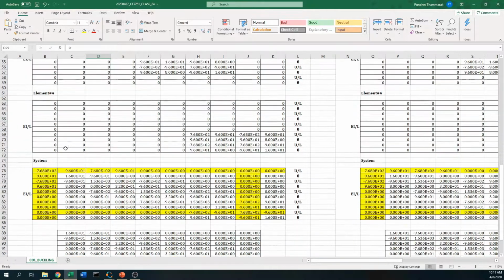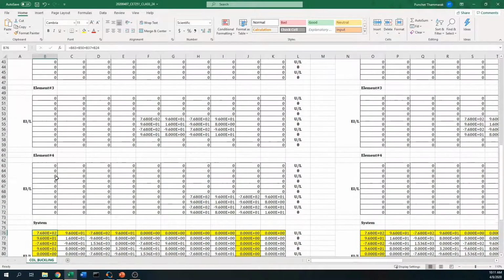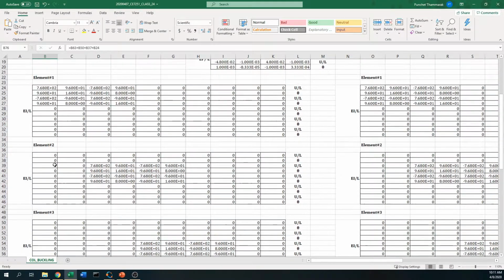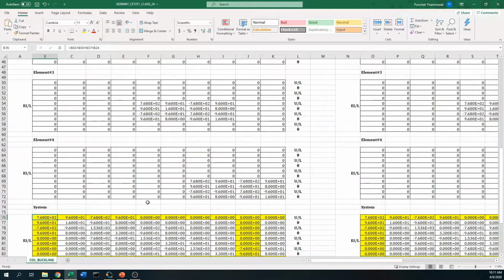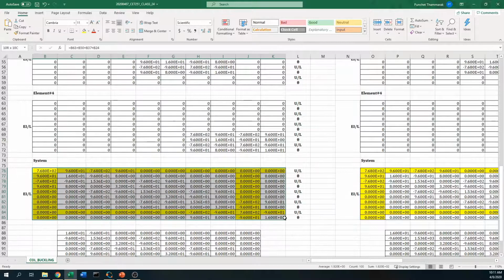And then finally, I come up with the system stiffness matrix, which is the superposition of element 1, 2, 3, 4, combines all of them into this system stiffness matrix. The point is that for the system stiffness matrix, we need to enforce the boundary condition in order to come up with the buckling load.